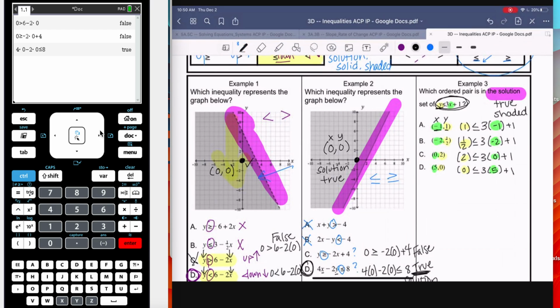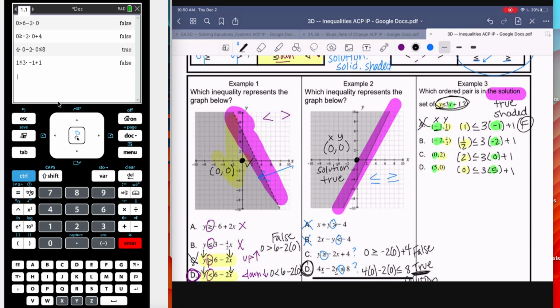I'm going to start with A and type that in. 1 is less than or equal to 3 times negative 1 plus 1. That tells me false, so I'm going to write an F to the side. So that is not a solution.